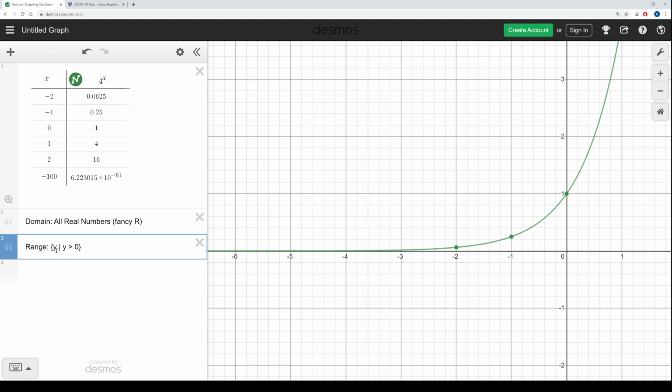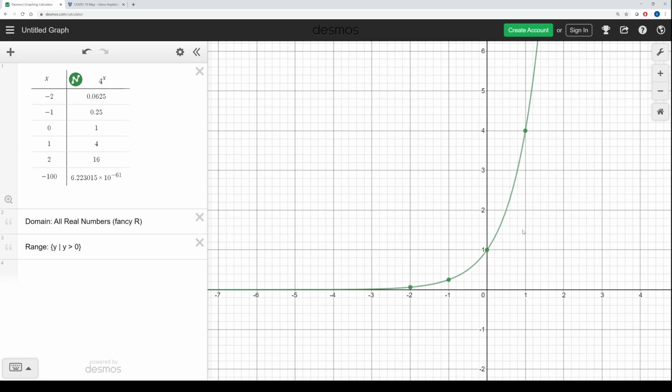The 'y such that' doesn't really add much. If you just wanted to put y greater than 0, that's fine. But this is technically the range for this particular function because we see that it gets closer and closer to 0, never quite gets there. And this is a greater than sign because it goes up in a positive direction as we go to the right. Okay, so that's the domain and range for example 1.